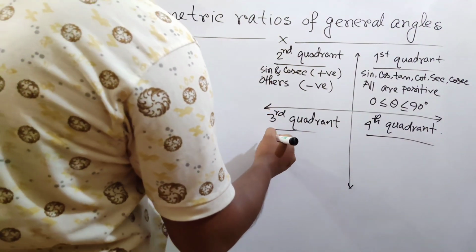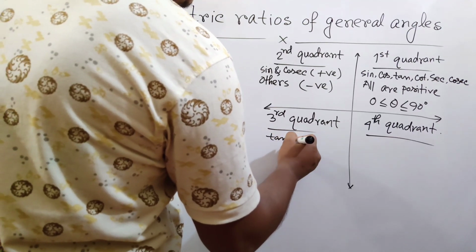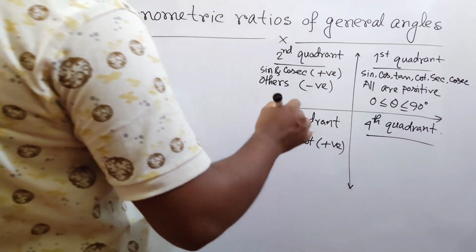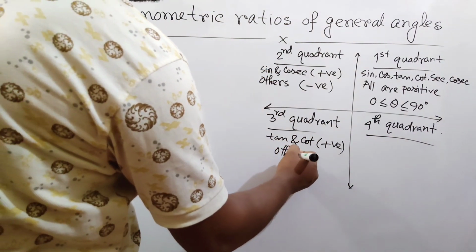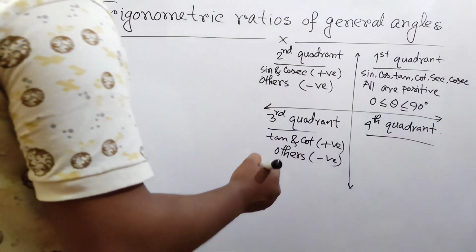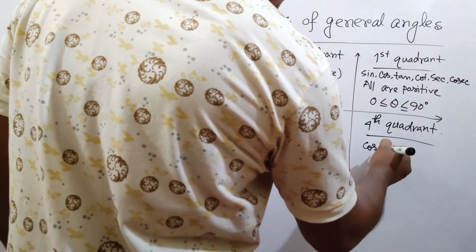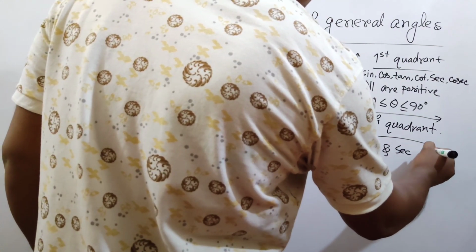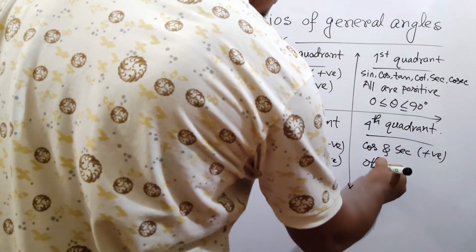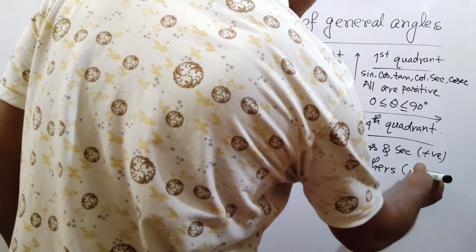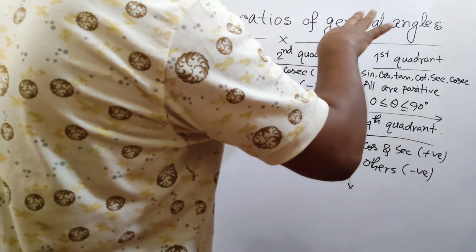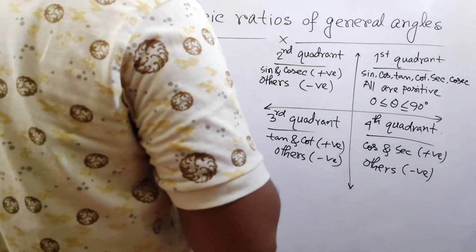In the third quadrant, tan and the opposite of tan, that is cot, are positive, but the others, meaning the rest of the 4 ratios, are negative. And in the fourth quadrant, cosine, that is cos, and sec are both positive, but the rest of the ratios are negative. That way you can easily learn in which quadrant the trigonometric ratios are positive or negative.